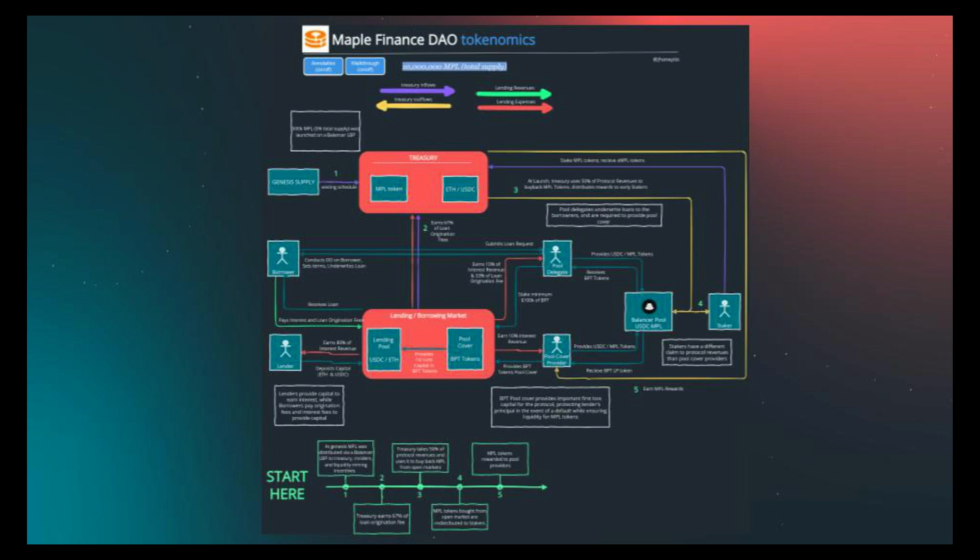And so that's the way that Maple accrues value, and why there's a reason for an everyday retail user to buy Maple, who is not necessarily depositing capital in the protocol but just wants to have some exposure to the token itself. There's a lot of mechanisms in crypto nowadays that use a similar mechanism to distribute and capture value.